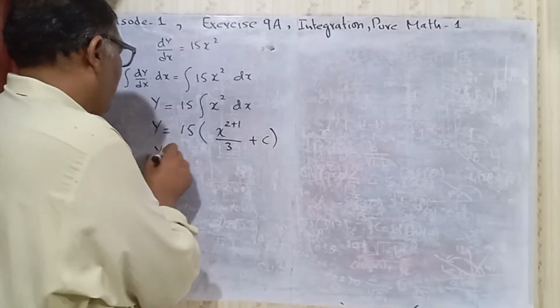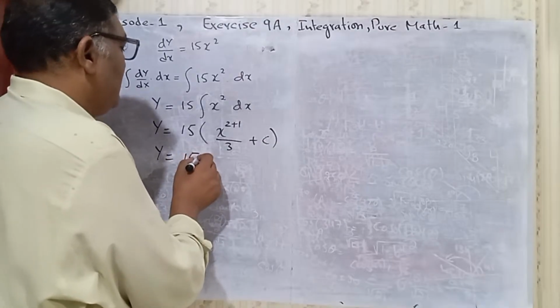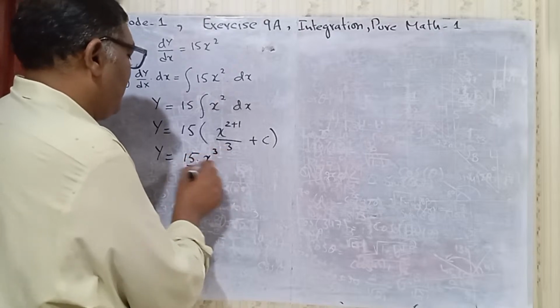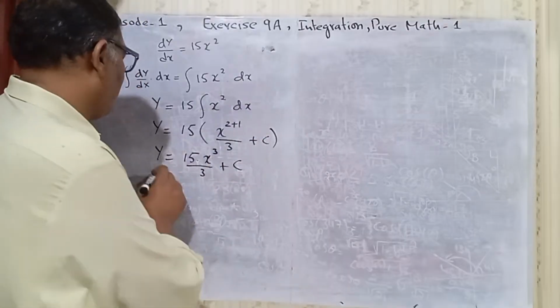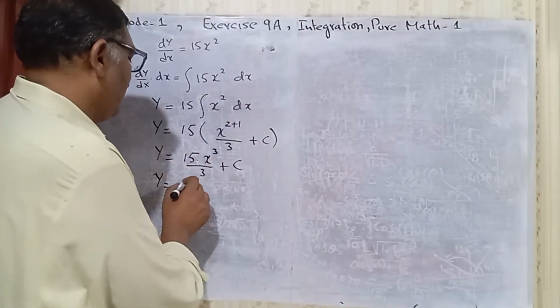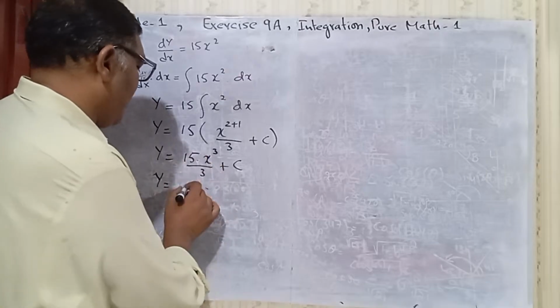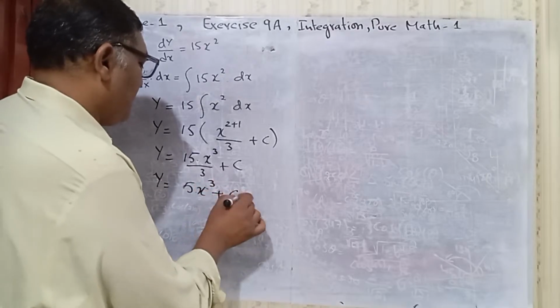So y will be equal to 15 times x raised to power 3 divided by 3 plus c. 15 multiplied by c will be another constant; the c means a constant. So you can cancel the 3 and 15, and it will become 5x cubed plus c.